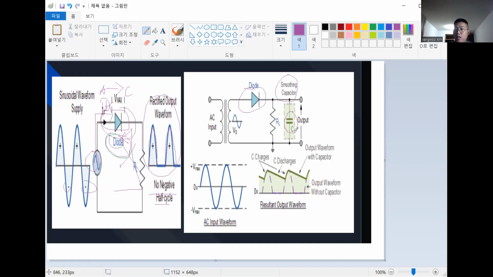But since we add a capacitor, it's going to be like this, making it smooth, right? The waveform is like that, but since we add the capacitor, it makes it smooth. And this is a charge part and a discharge part. We say this is simply smoothing, making it like DC.